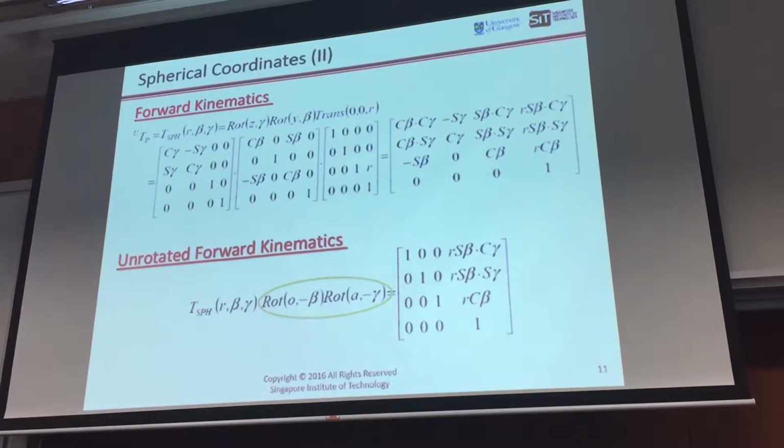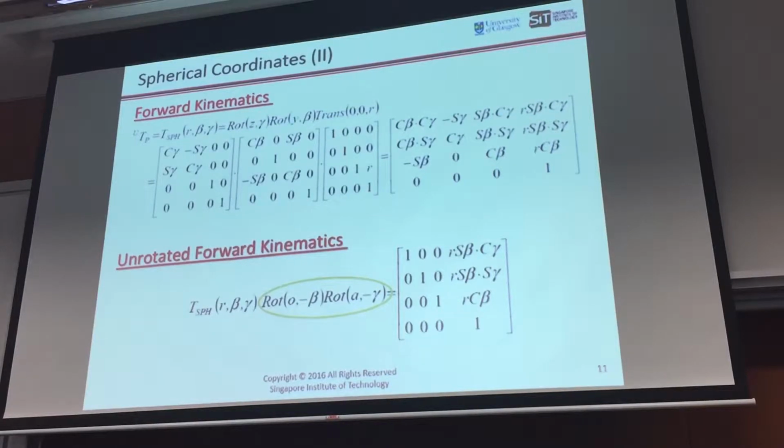So you've got two equations, two unknowns. Then you also have your R cos beta equals your Pz.